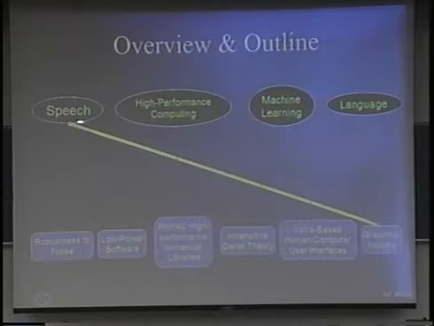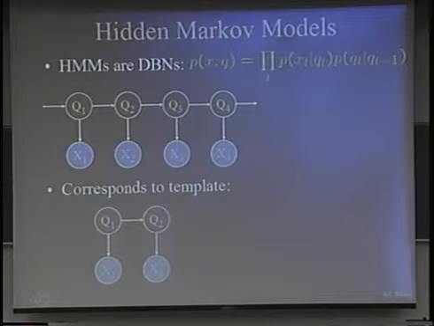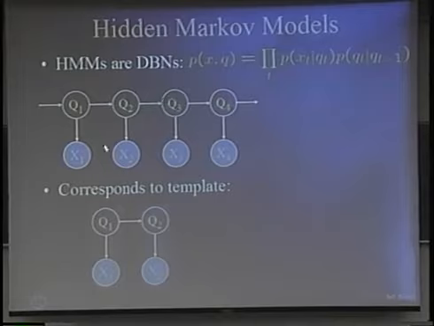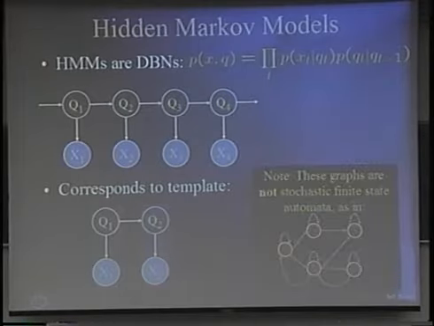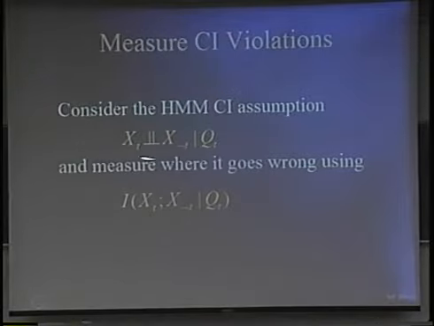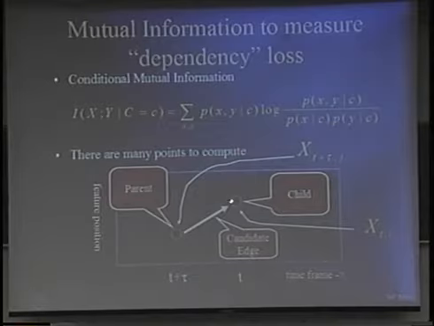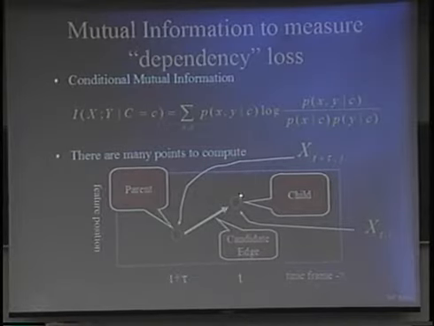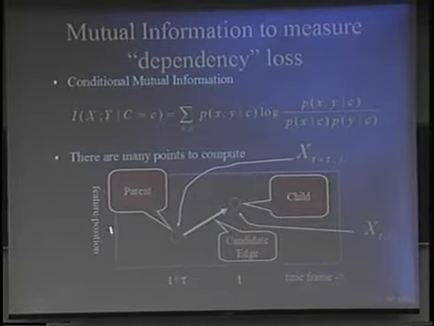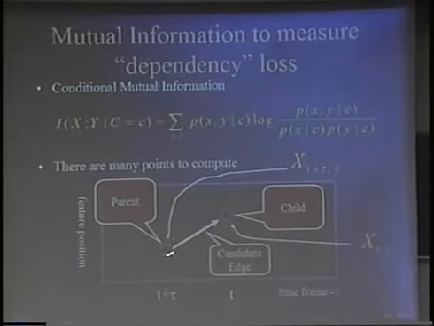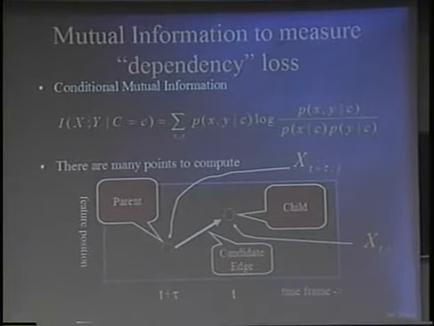So this is graphical models and speech. For graphical models and speech, basically I've worked on taking hidden Markov models. This is an example of a graphical model for a hidden Markov model, and essentially measuring the conditional independence violations made by that hidden Markov model by using mutual information, looking in a speech signal at pairs in either time, which is the x-axis, and feature position, which is the y-axis, and looking at basically where you have loss.